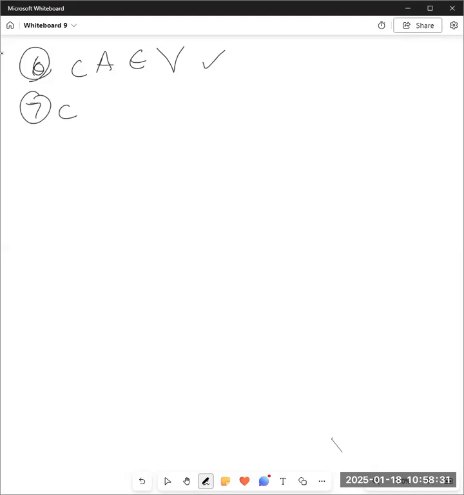Number 7: C times the quantity A plus B. Well, we already know A plus B is a 4x6 matrix, so that's going to be in V, and that's going to be CA plus CB.